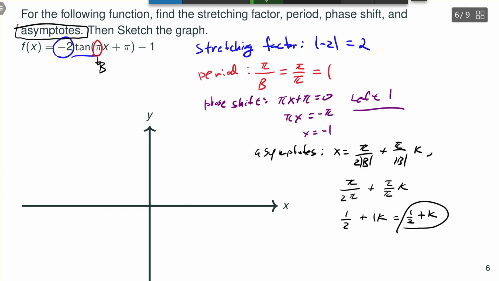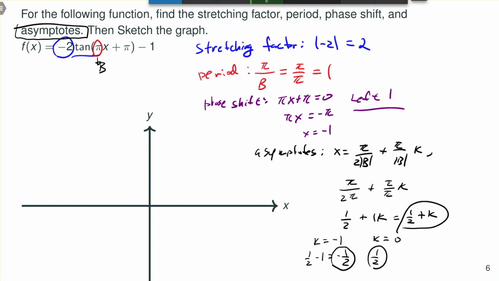Again, k is an integer. For example, when k equals -1, we have 1/2 minus 1, which is -1/2. This is an asymptote, one of many. When k equals 0, we have half, which is also an asymptote.